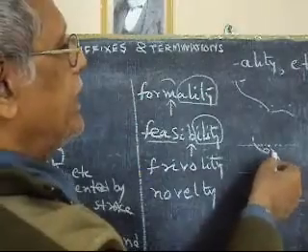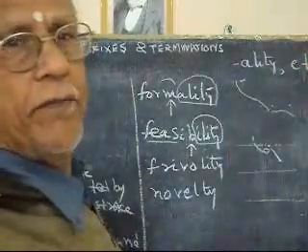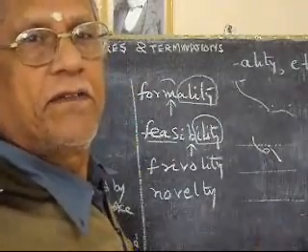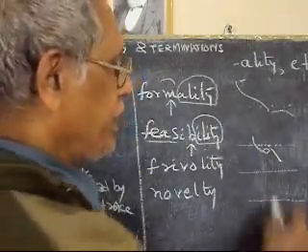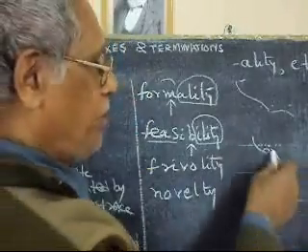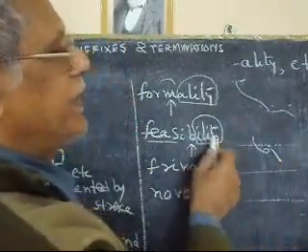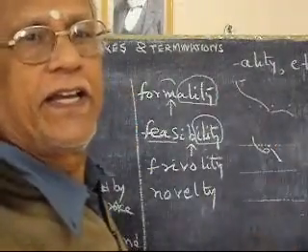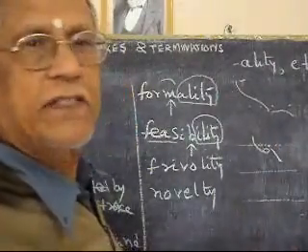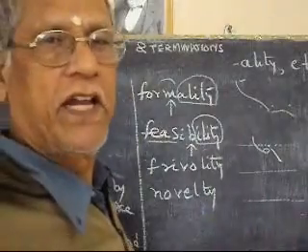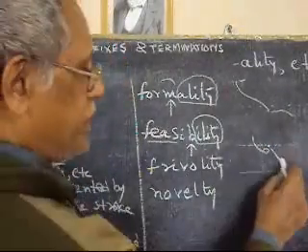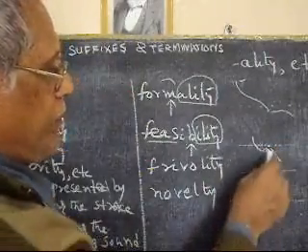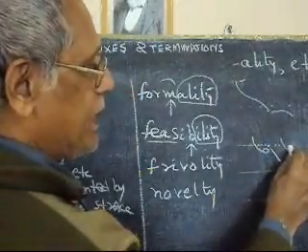Feasibility. He did not put any vowel. So, B plus ility, ability, feasibility. That's all. That sound has come. Now we have written that sound quickly. Then you can put the vowel sign. So, feasibility.